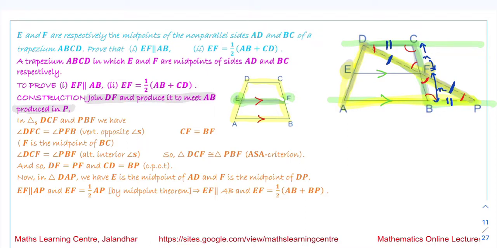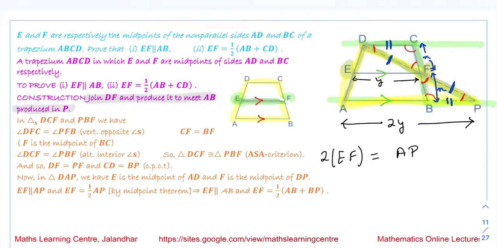and the second thing that we get is that if this length is y, then this length is 2 times y. It means that 2 times EF is equal to AP.